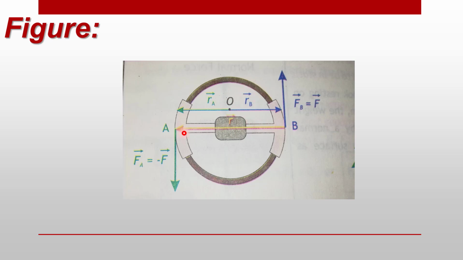These are the points of application of the forces, point A and point B. FA is the first force, applied at A, and this is FB. You can take either force as positive and the other as negative because they have equal magnitude and opposite direction. So here FA is equal to minus F and FB is equal to F. So these two equal and opposite forces applied on the steering wheel produce rotation and are known as a couple.